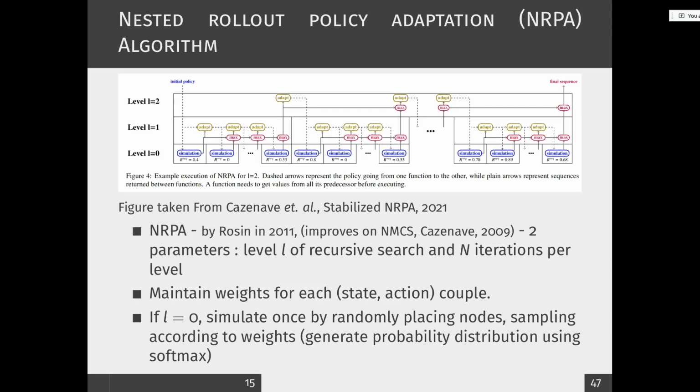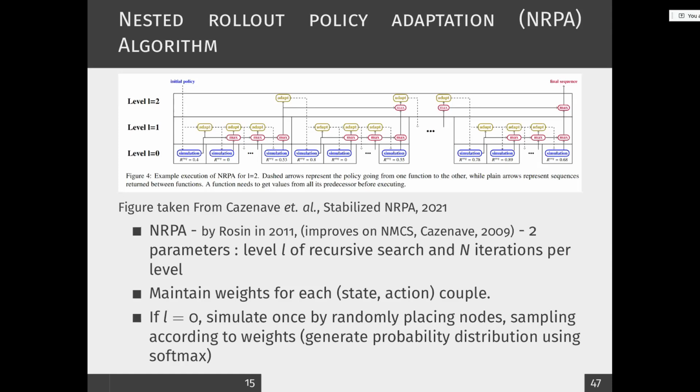And then we will do the adaptation procedure, which is to increase the weights of the best sequence found so far. So at first, the only sequence we found is the one where we had a reward of 0.4. And then we do another simulation, and we will find another reward. And then we will take the best of the 2 sequences we found, and we will adapt, so increase the weights of the best sequence we found.